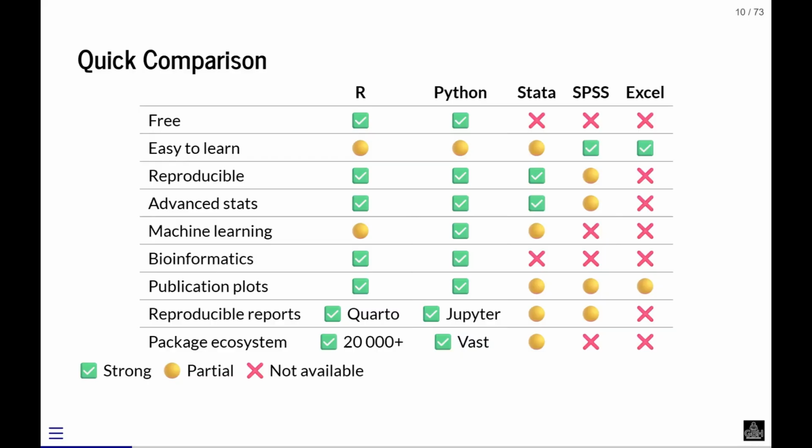But there is a little steep learning curve for R. So the organizers or the management of the R group produced some tools like a new RStudio, which is called Positron.